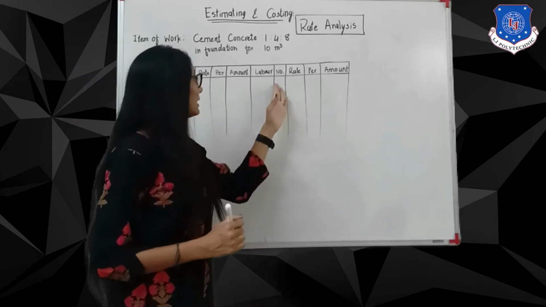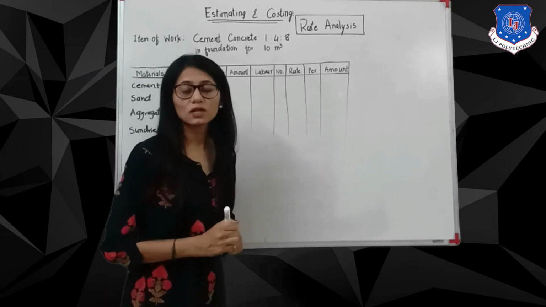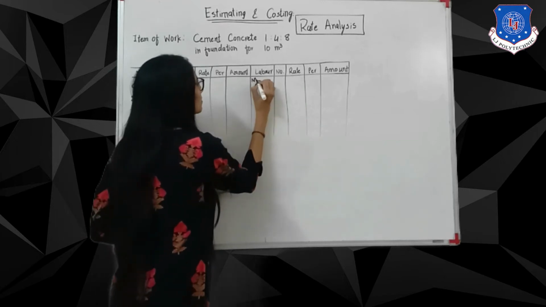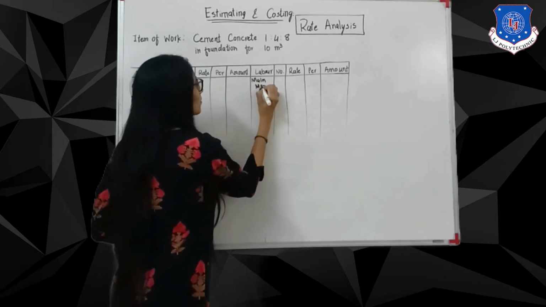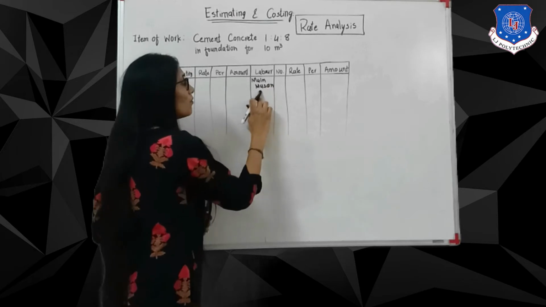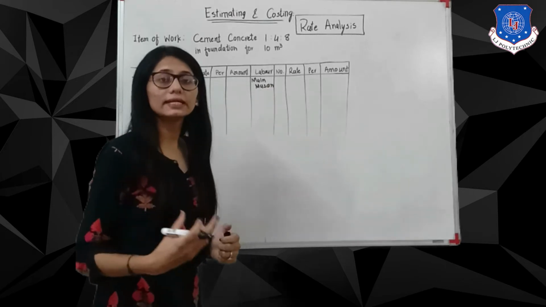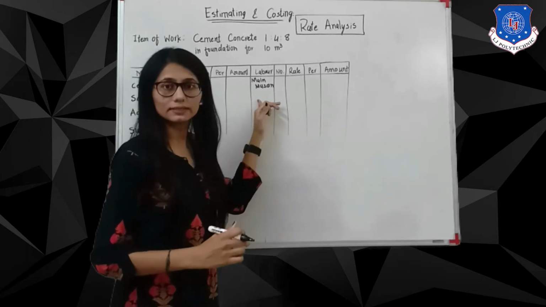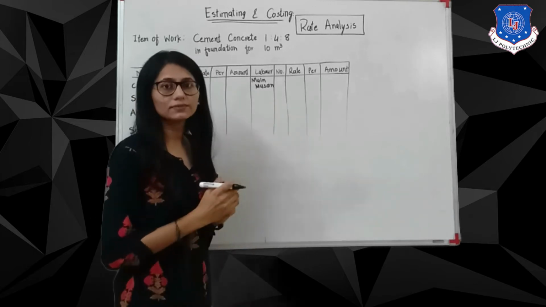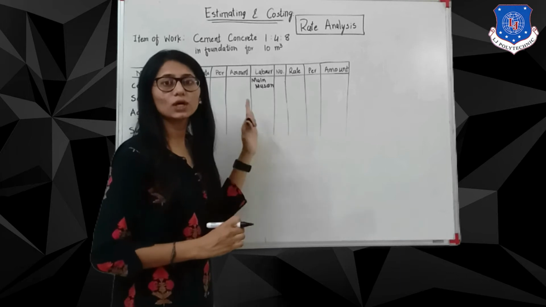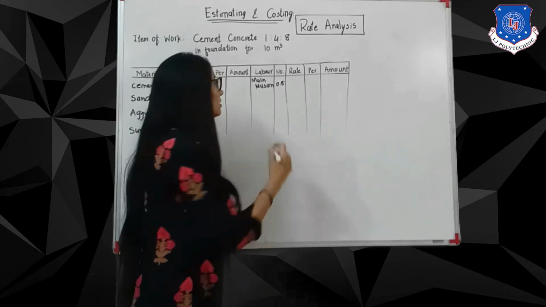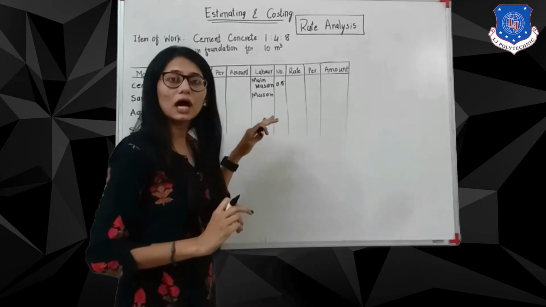Moving ahead to the labors of the concrete work. First we require the head mason, which is the key person who leads the other masons and the coolies. This person has a requirement of a half day. Now I am adding the quantity of labors in another section. Next we require the mason, that will count of 1.